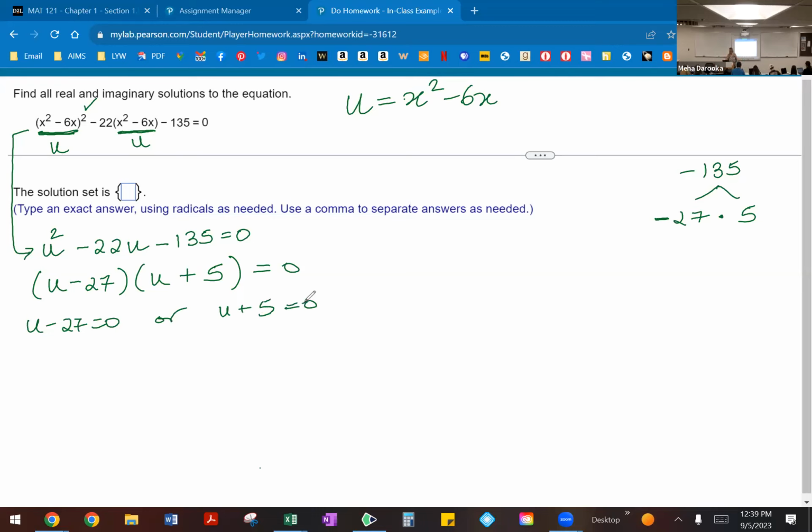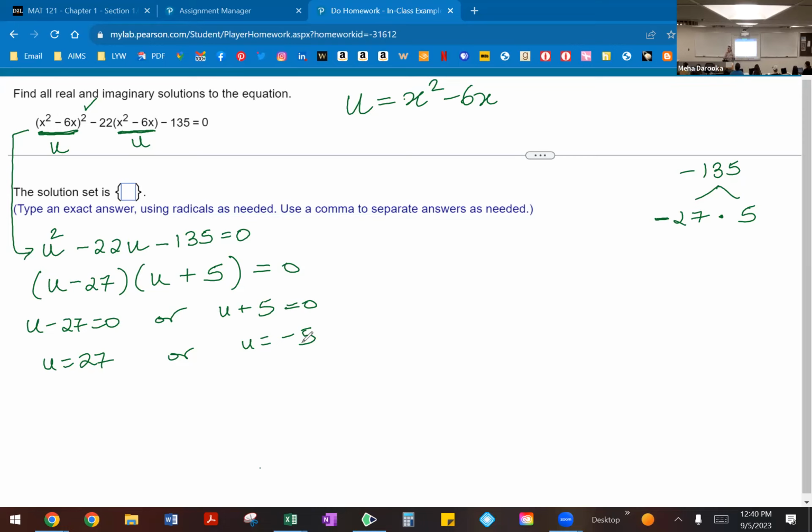Which will end up giving us positive 27 and negative 5. Now, is this the solution to the original problem? No, because remember now we need to go back and put what u was originally, which we had right here. So u was x squared minus 6x, and now you need to bring that back and then we'll solve it one more time.